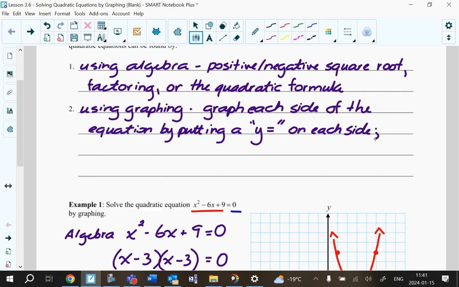The x coordinate where they intersect each other will be the solution.